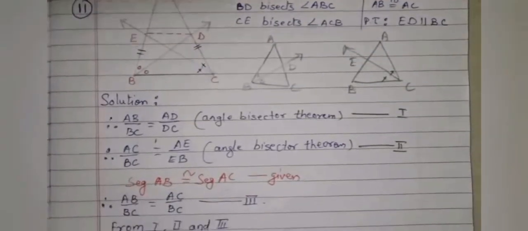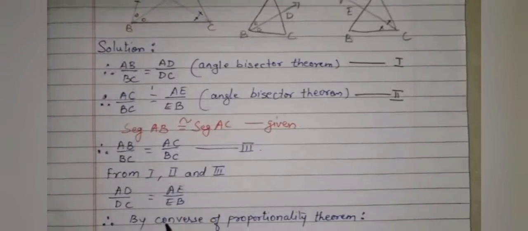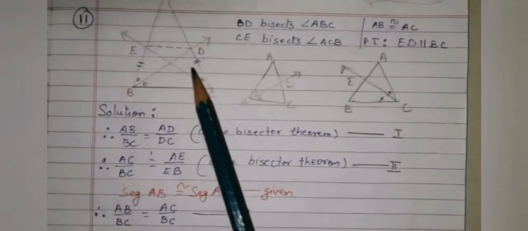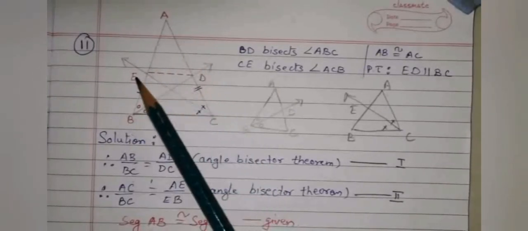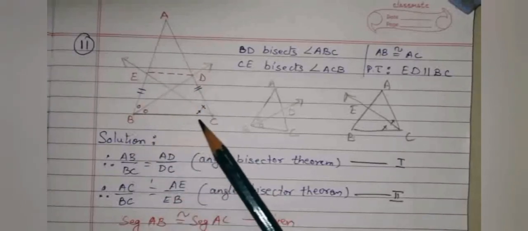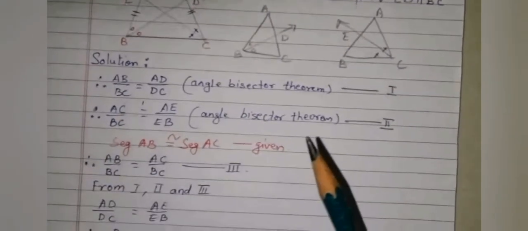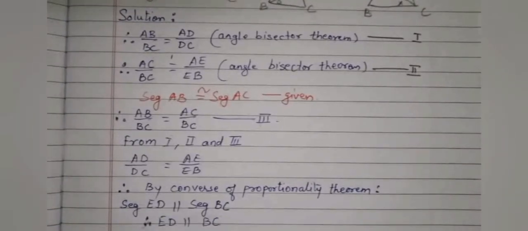These two ratios we have got equal over here. Therefore, by converse of proportionality theorem, seg ED is parallel to seg BC. We can see in the figure that if these two ratios are equal, by converse of proportionality theorem, ED is parallel to BC, and that only we had to prove. So we have proved ED parallel to BC.